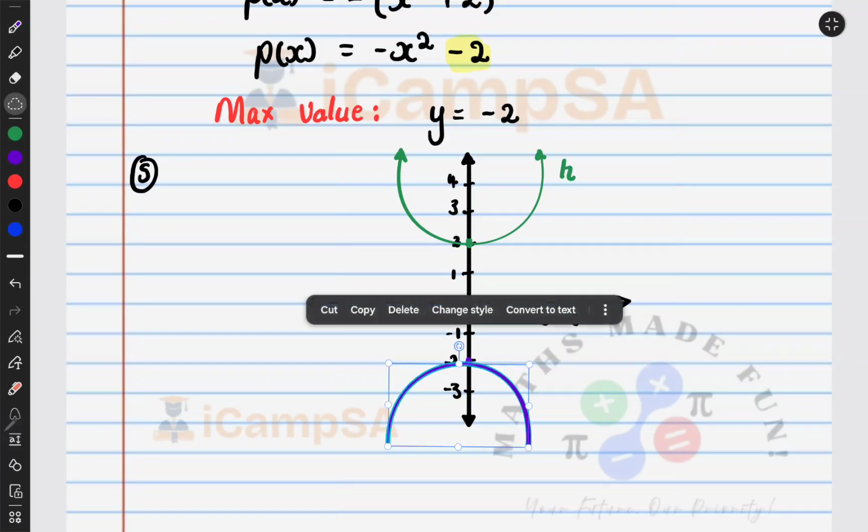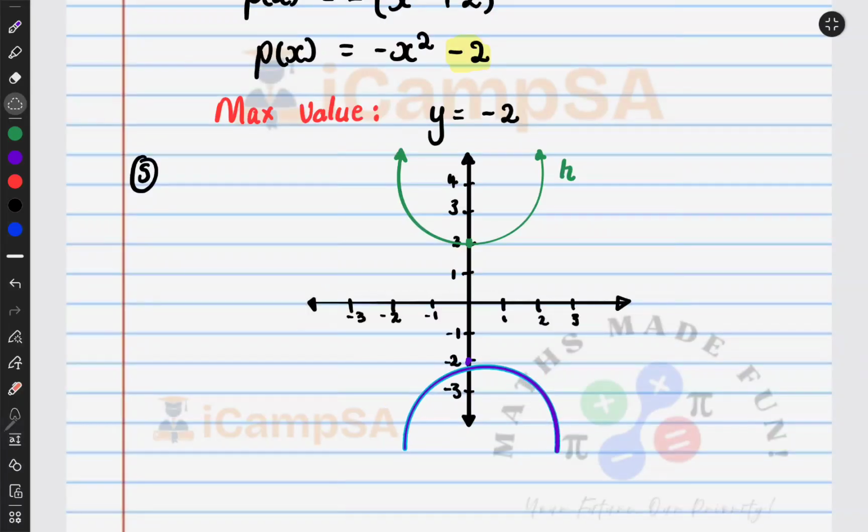So that is how the graph of h is gonna look like. That is how the graph of p looks. As you can see, the graph of p is just the graph of h reflected about the x-axis.